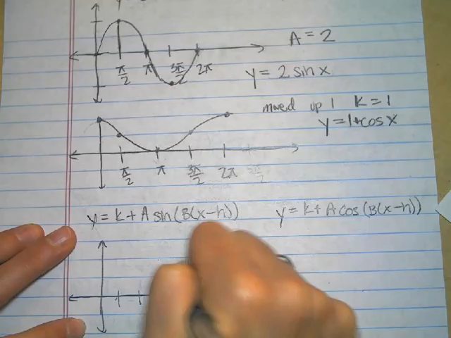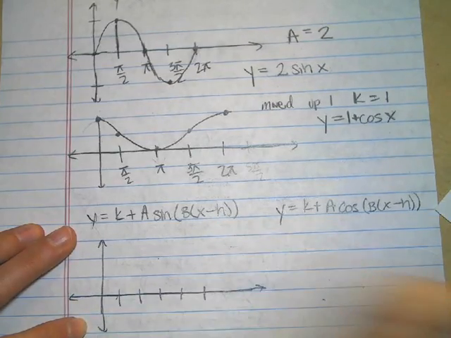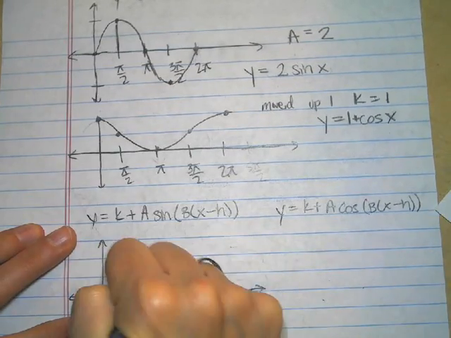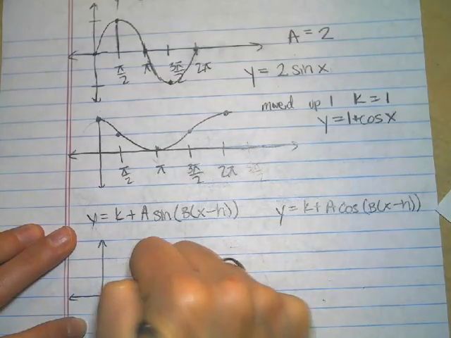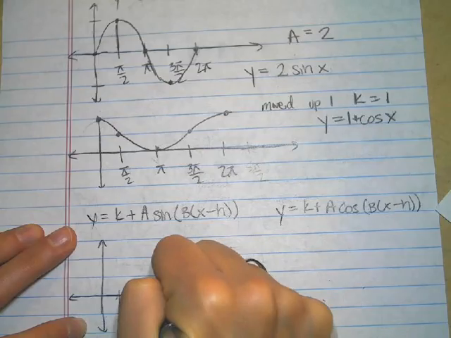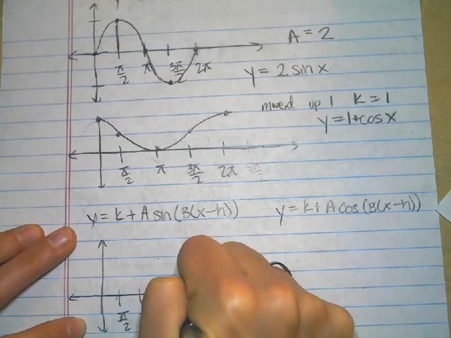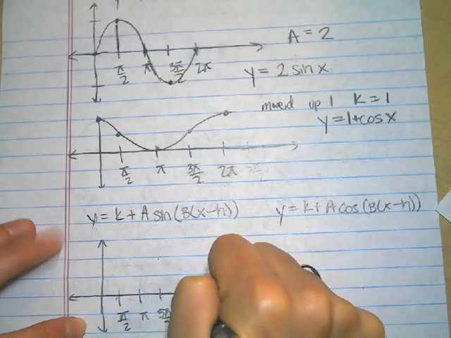Now, was this graph moved up or down? The original graph looks like this. I'm asking you, was it moved up or down at all? Nope. The amplitude is still 1, right? From the middle to the top is 1, so that did not deal at all with anything vertically.